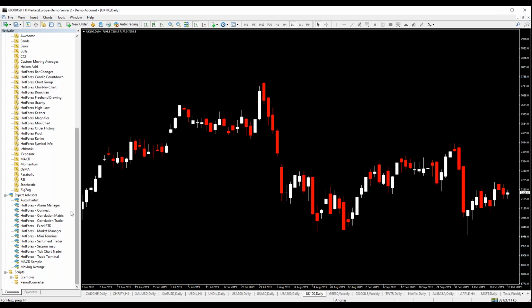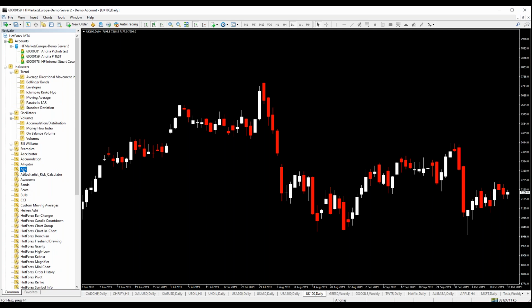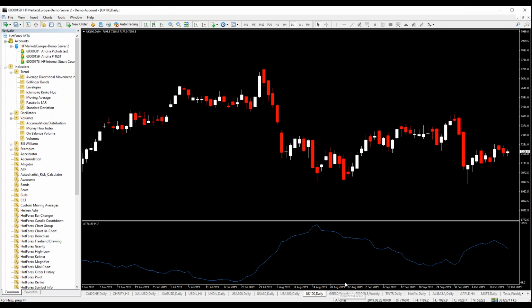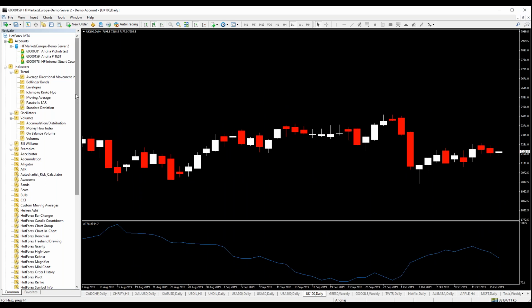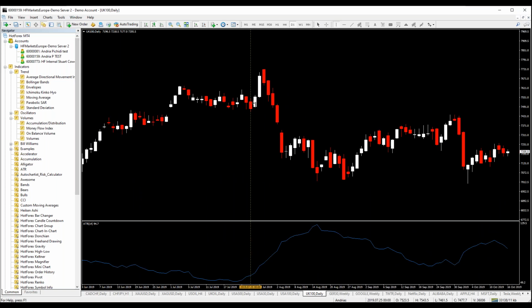Let's add the ATR here. Let's drag and drop ATR in. So let's focus on the decline that we saw back in July. This is a daily chart.